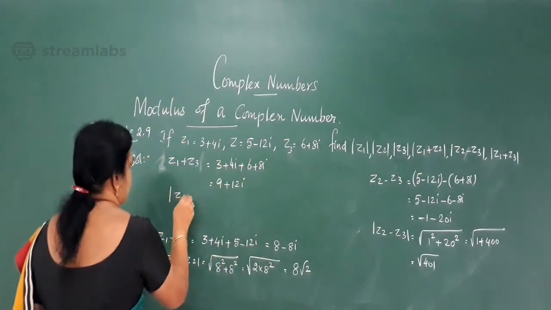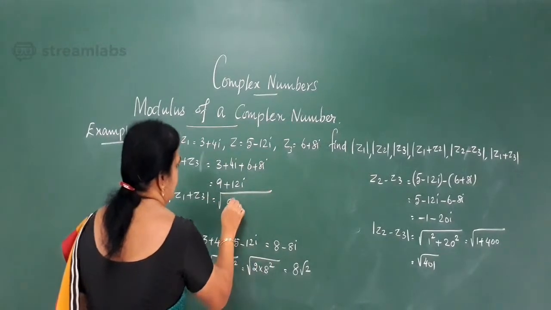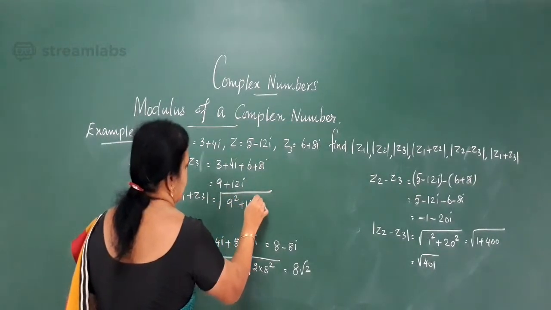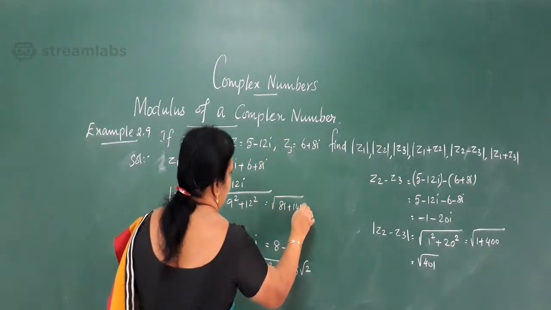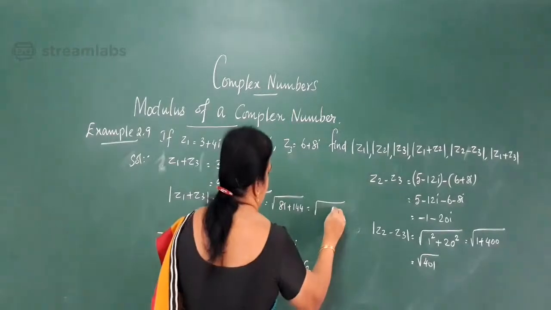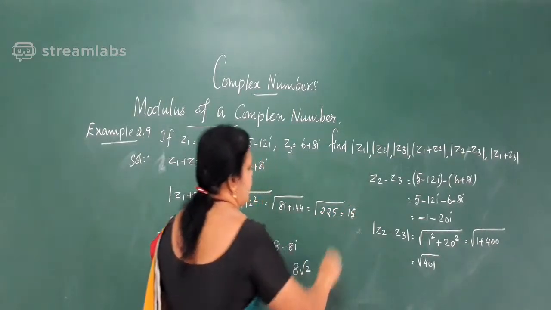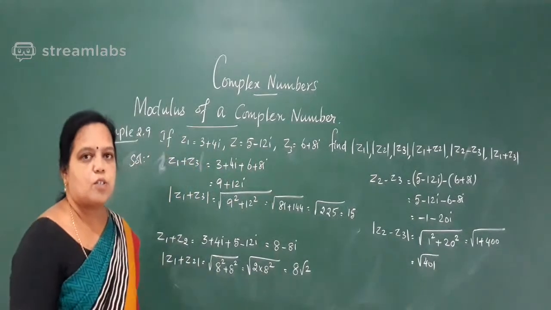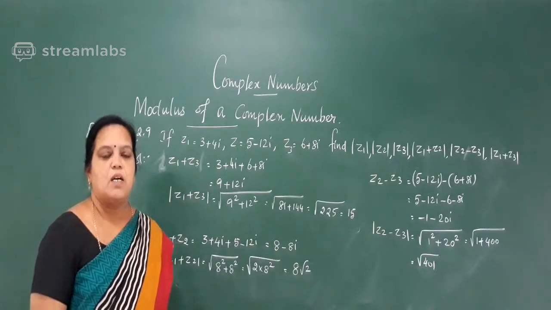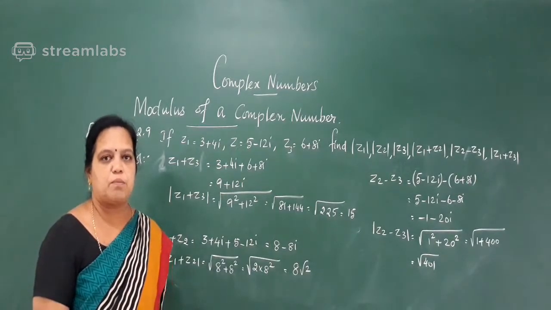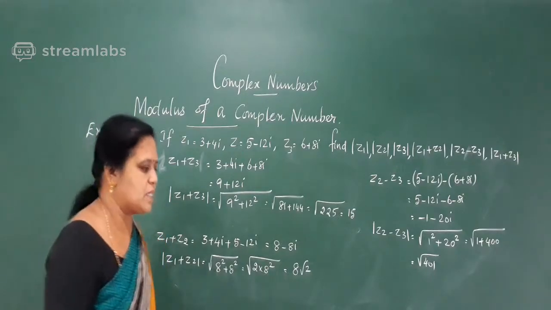Now you find modulus Z1 plus Z3, which is equal to root of 9 square plus 12 square. 9 square is 81, 12 square is 144. The sum is 225. For this 225, the square root is 15. Okay, this is the method. Suppose if you are getting a complex number and we have to find its modulus, this is the method.